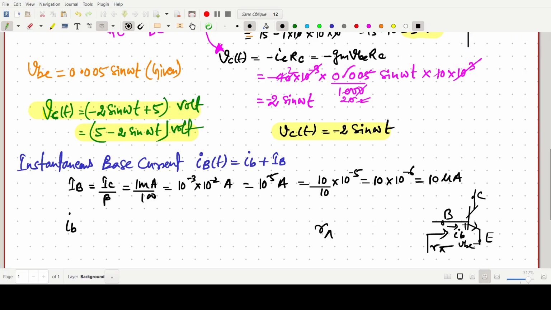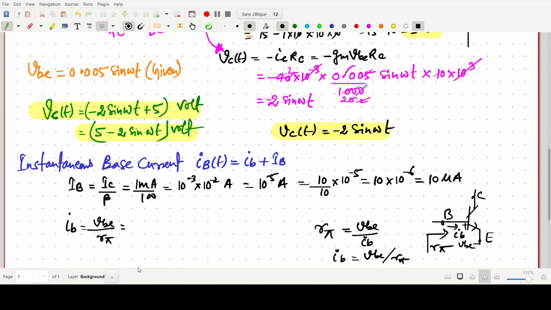Generally we write r pi equals VBE by ib, a very standard thing. So ib can be written as VBE by r pi. In my theory it is already derived.